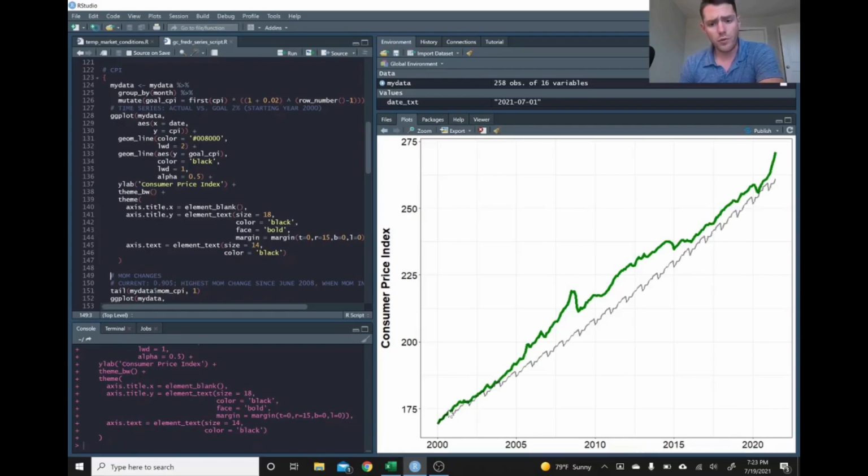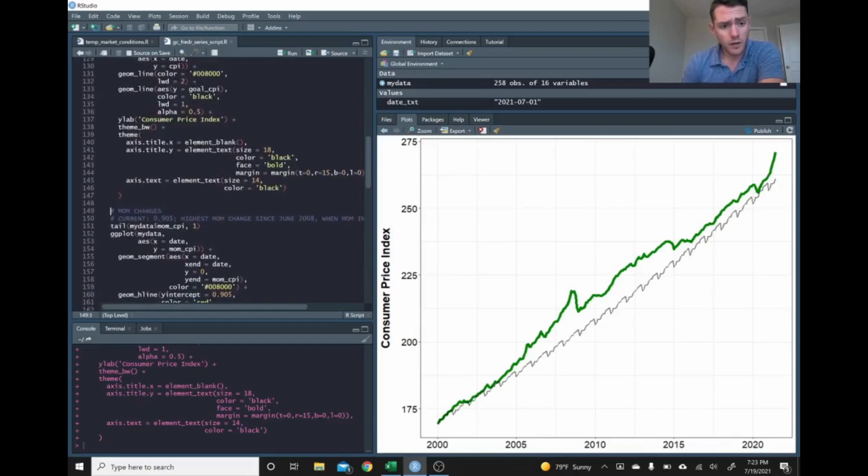And so if you look at the year 2000 and going forward from that, you just have consistent 2% increases year over year. That is what CPI should look like. That's the gray line. And the green line obviously is over that consistently, meaning that we are consistently over the Fed's target.